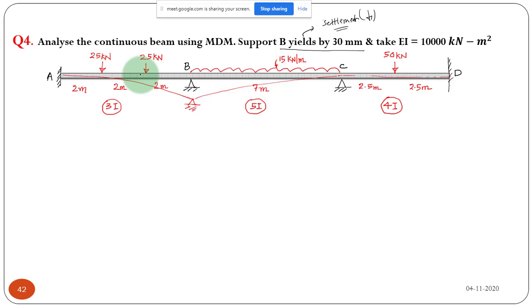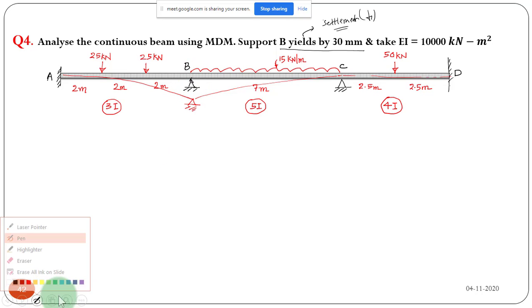But here the only difference is, there is nothing extra in this question. Same as the first question. Here the only thing is, while finding out the FEM values, you simply add the extra moment, the additional moment coming to the beam due to this settlement.